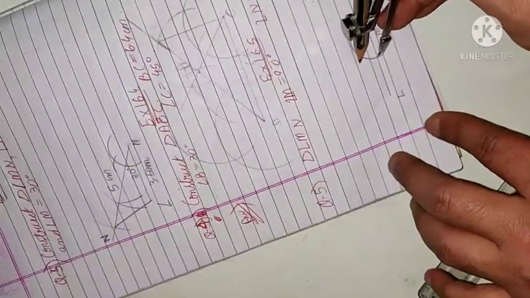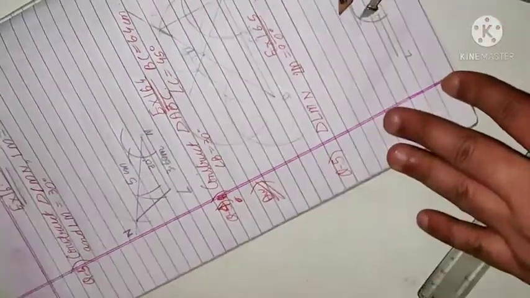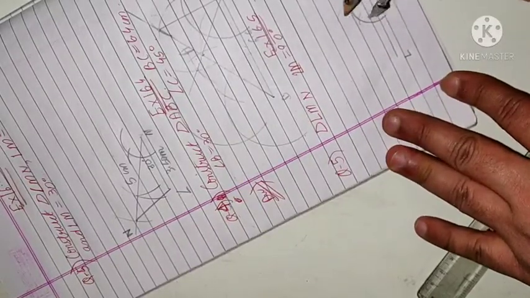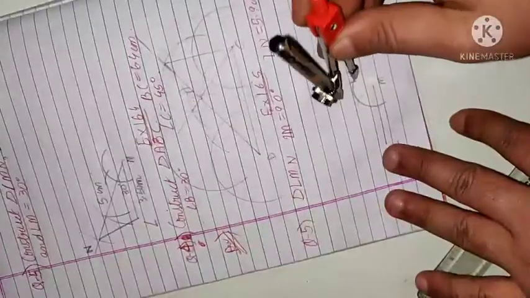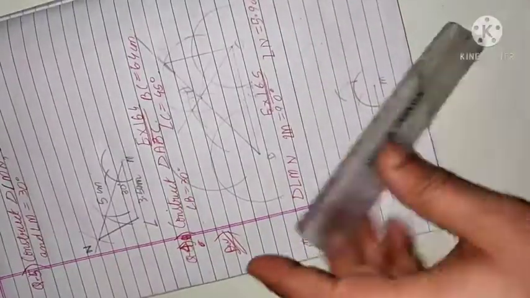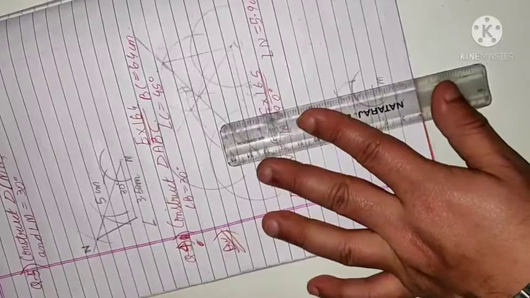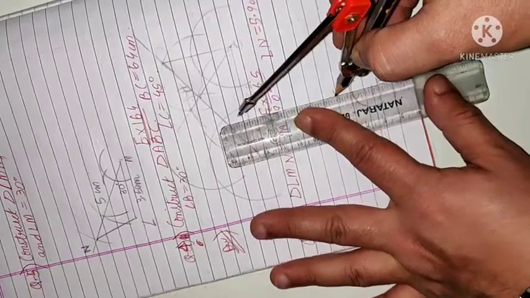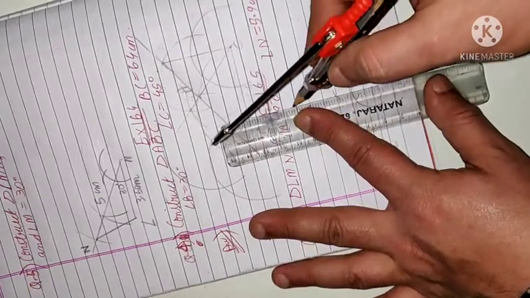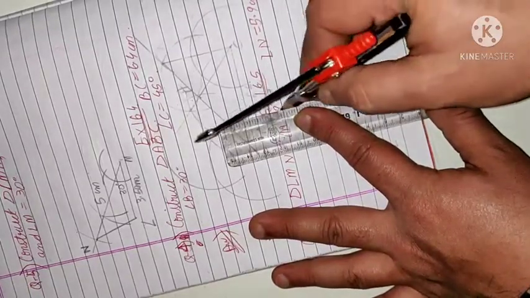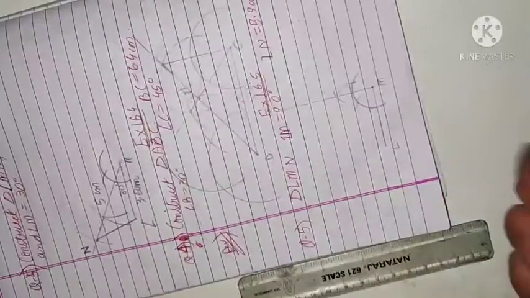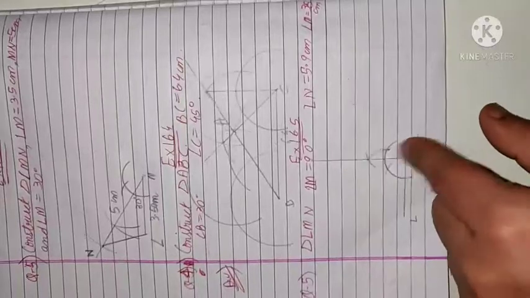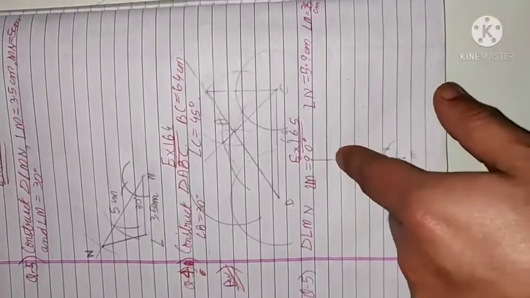Right angle means 90 degrees. So here, this is our point of intersection. So this is our 90 degrees. This is our line M. It will go up to N. So this is the MN line, and we don't know the N point.